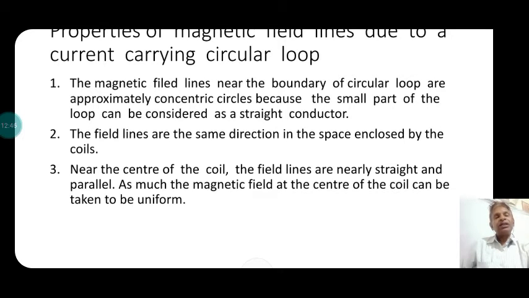Near the center of the coil the magnetic field lines are nearly straight and parallel, so the magnetic field at the center of the coil can be taken to be uniform. The field lines combine and form a strong magnetic field near the center of the coil.